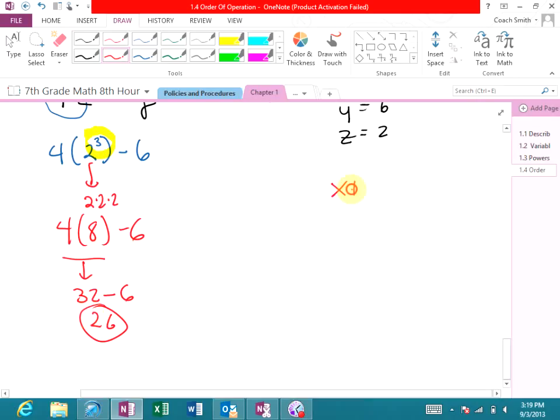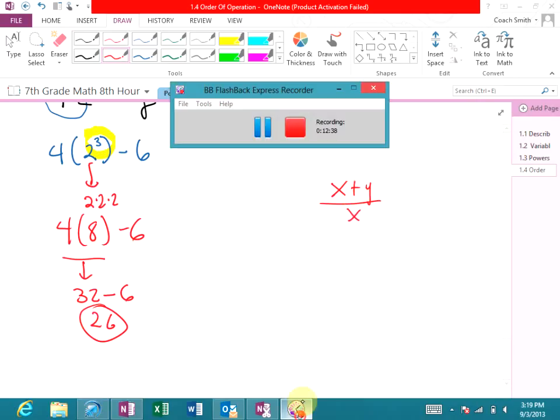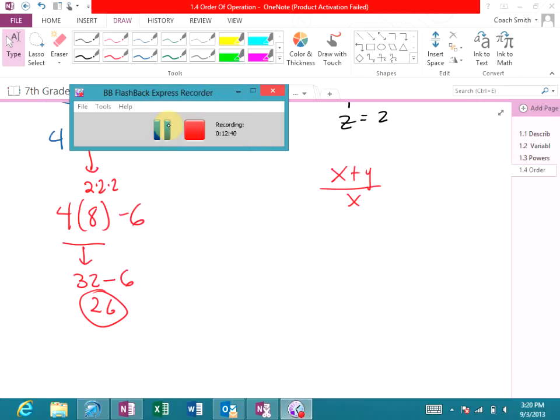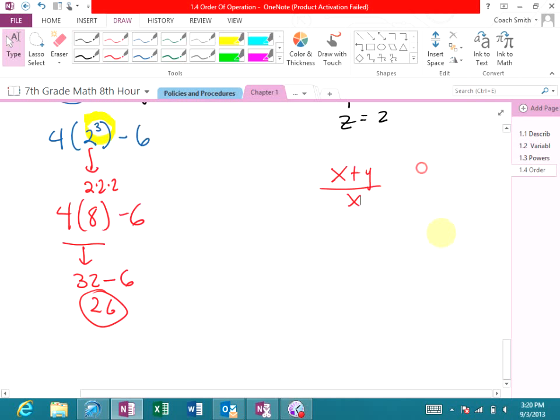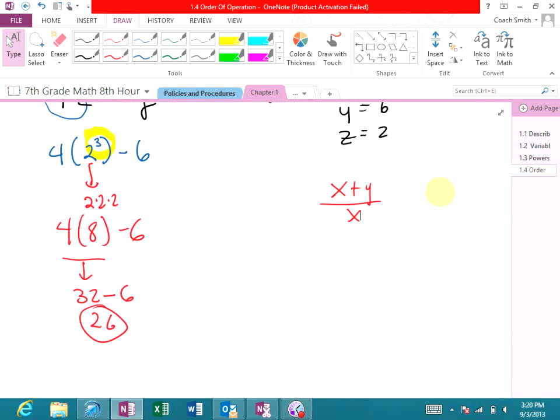You have x plus y over x. So let's work it out. x plus y is 3 plus 6. That's what's on top. 3's on bottom. Okay?